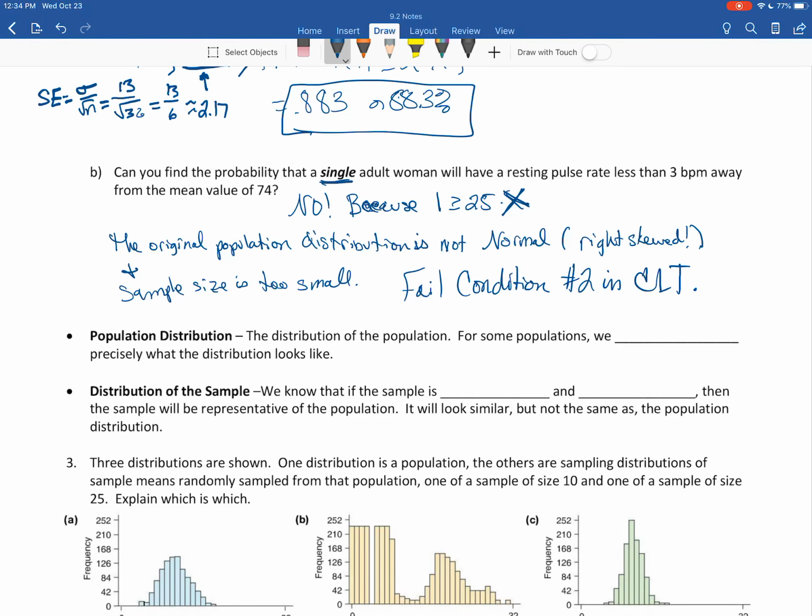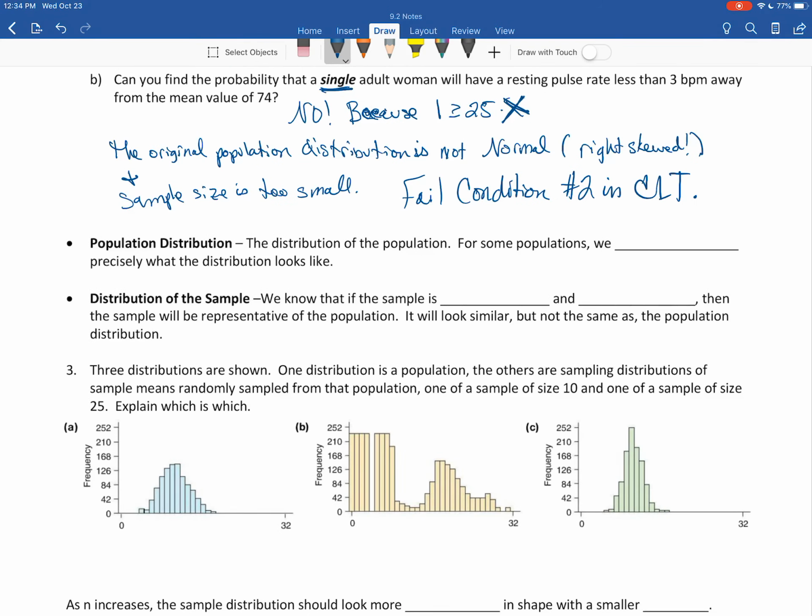Okay, let's just review. The population distribution is the distribution for the whole population. For some populations, we don't even know what it looks like. We knew that the women's resting pulse rates were right skewed in some way. But a lot of populations, I don't know what they look like.